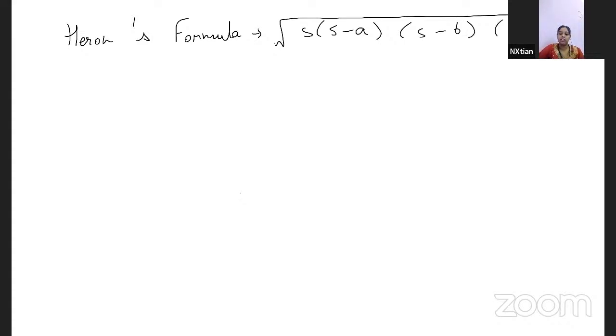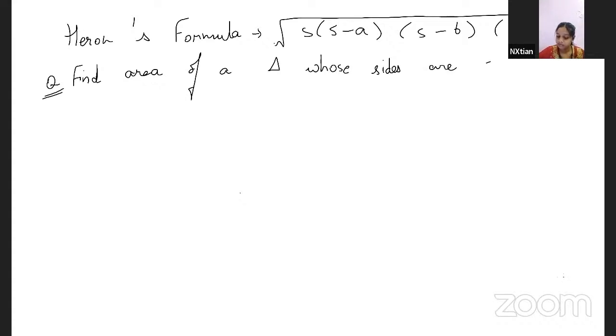Now, my question, suppose it says, find area of a triangle whose sides are 25 centimeter, 60 centimeter, and 65 centimeter.